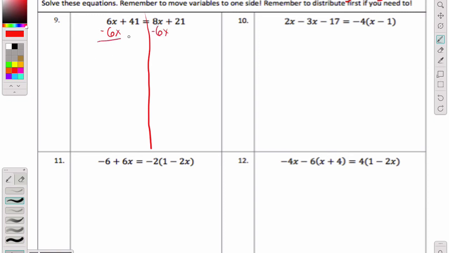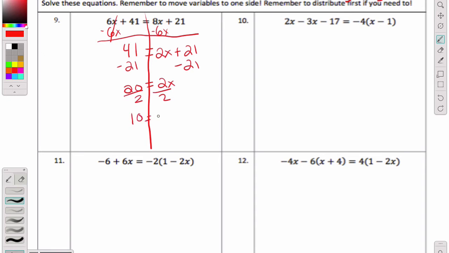Okay, to make 0. So we end up with 41 equals 2x plus 21. Now I'm going to move my 21 by subtracting it from both sides. And we end up with 2x equals 20. And then we make 1 by dividing, and we end up with 10 equals x.